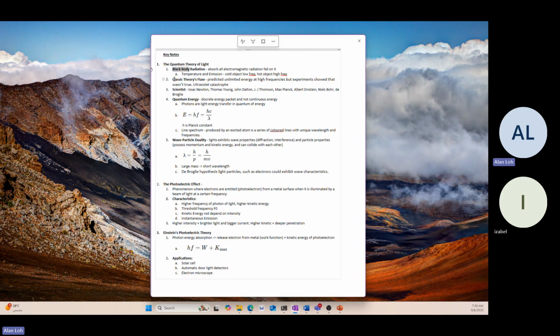Okay, let's go to the next one. Let's read it quickly. Classical theory flaw. It predicted unlimited energy at high frequencies, but experiments show that this is not true. And they call it the ultraviolet catastrophe. It makes a little bit of sense, but not fully yet. So let's pick something that is easy for you to remember and store it inside your first drawer.